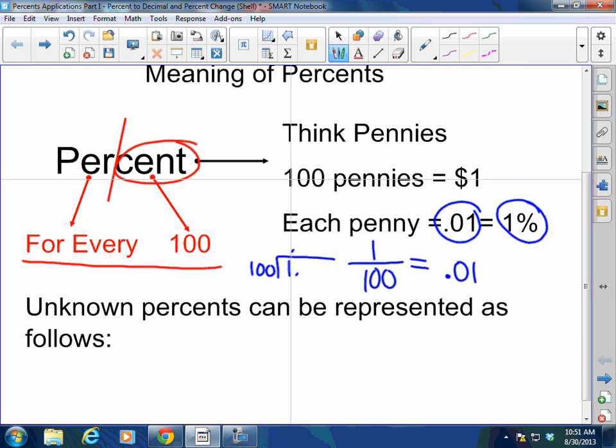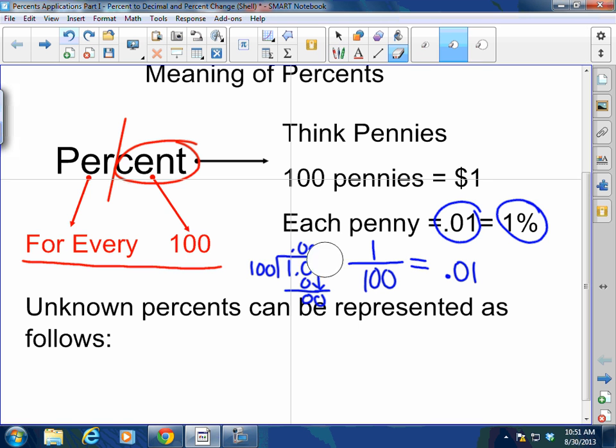You got a decimal. That's a 0. That's another 0. And then you're going to have 1.